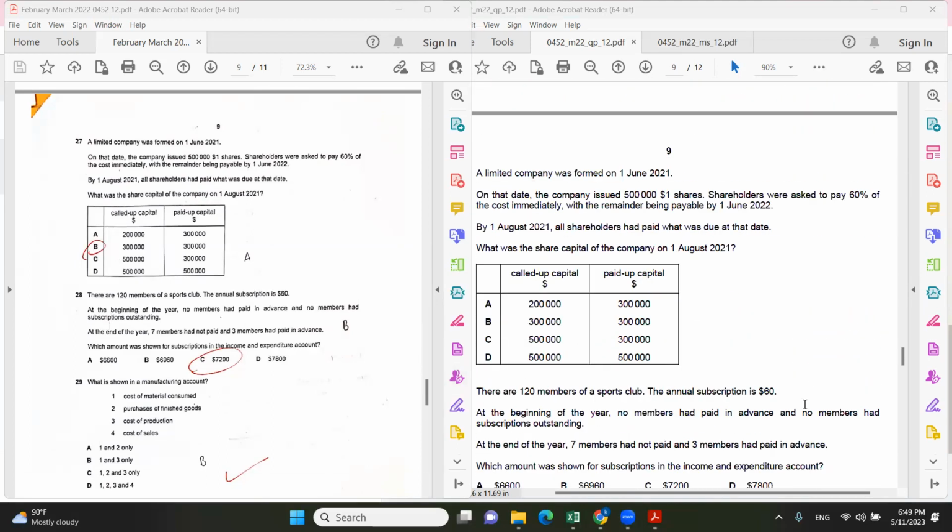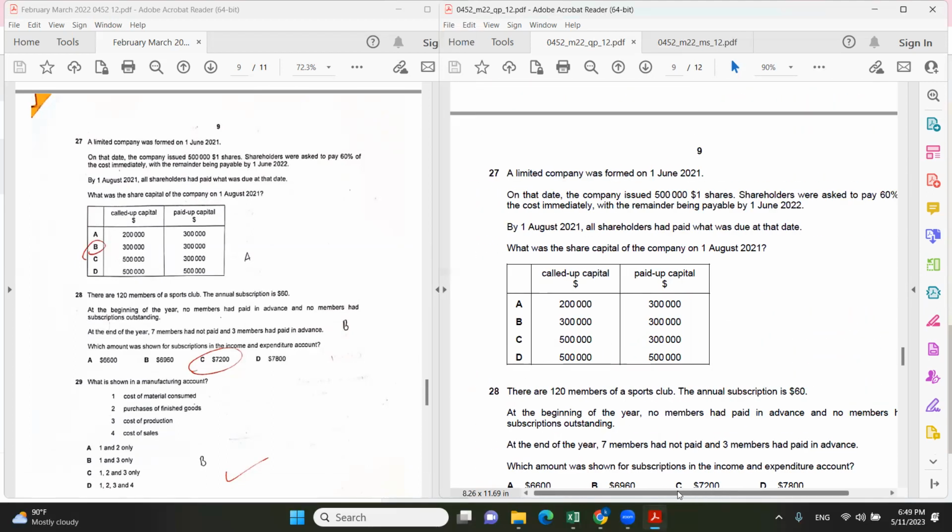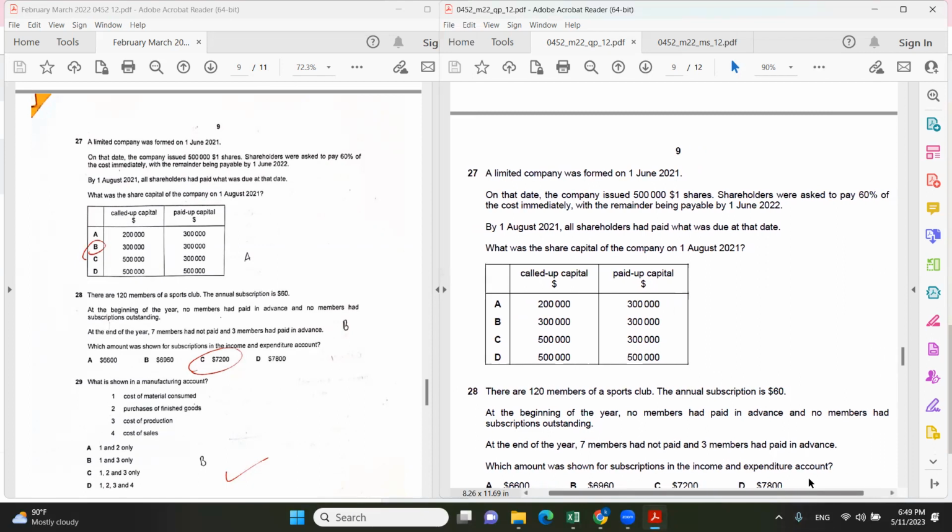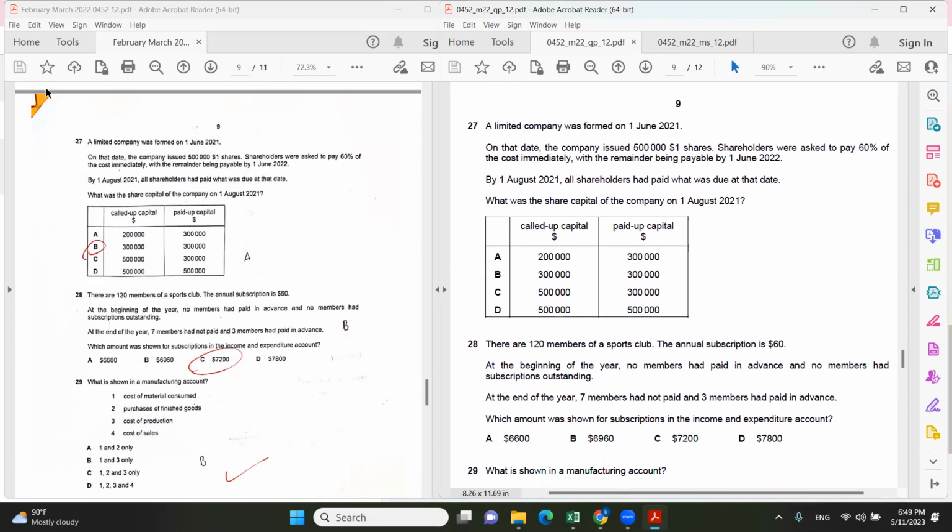Okay, next, 27. A limited company formed on June issued share capital, and shareholders are asked to pay 60 cents. 500 times 60, we get 300,000.